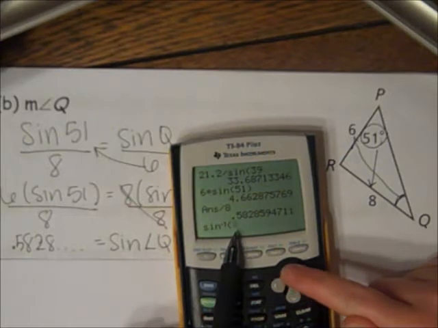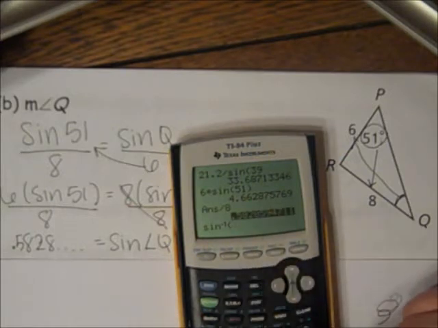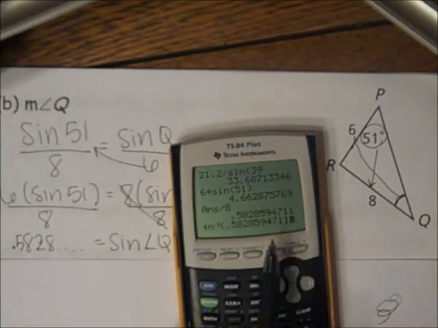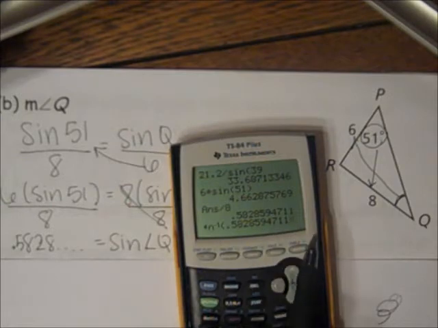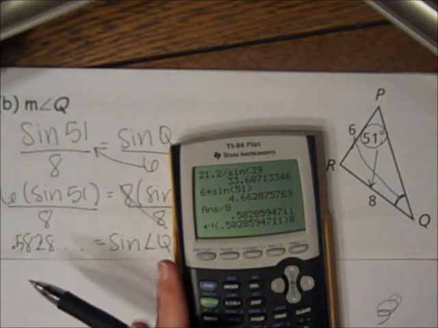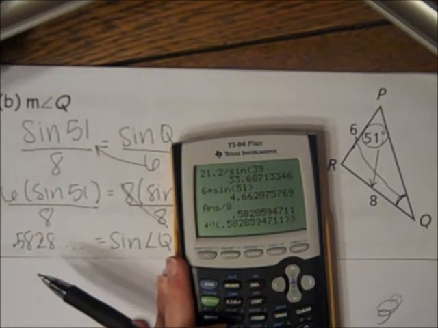After I hit sine inverse, I'm just going to press the up arrow button one time to highlight that 0.582 and press enter. Then your calculator copies, not all the decimals, but at least 10 of them. That's way easier than retyping them all or rounding.